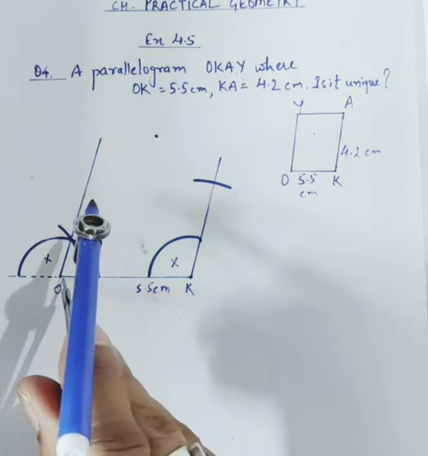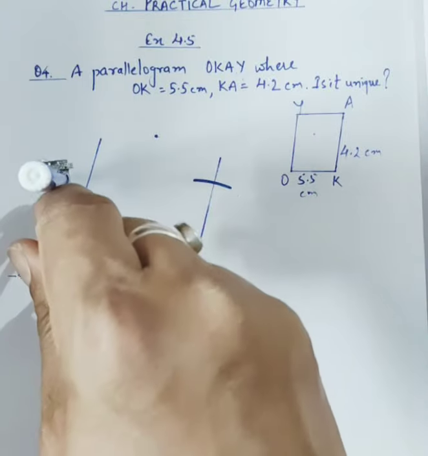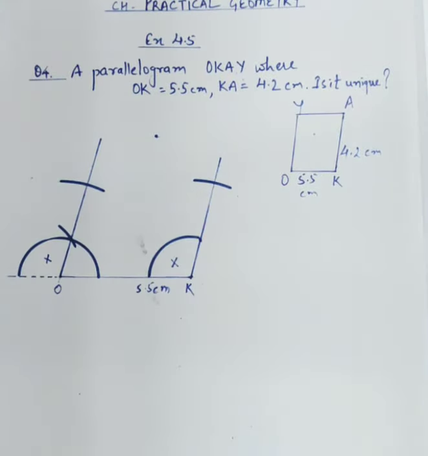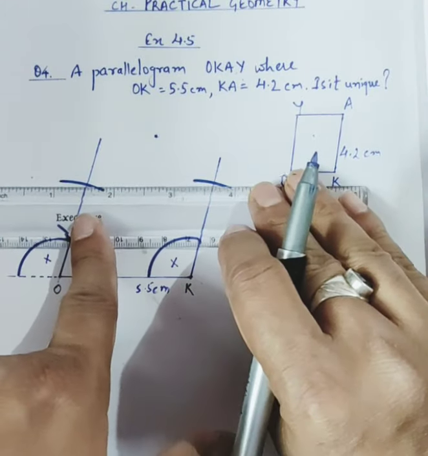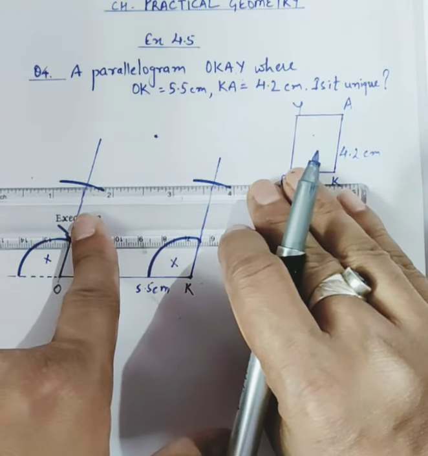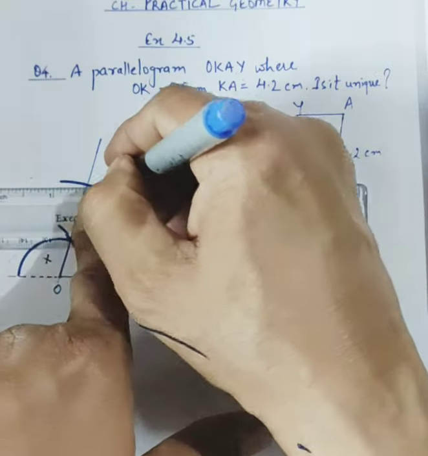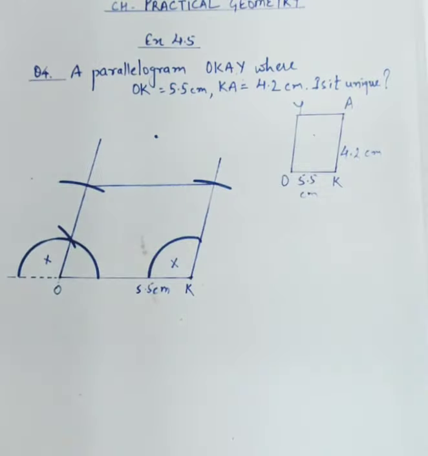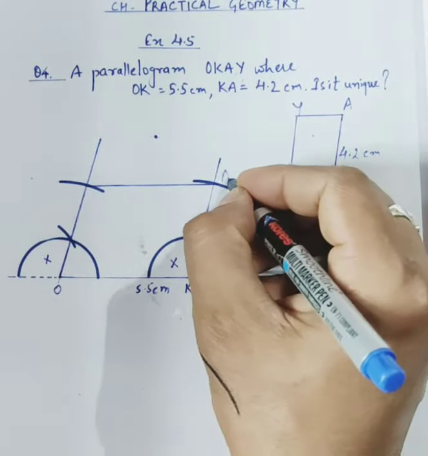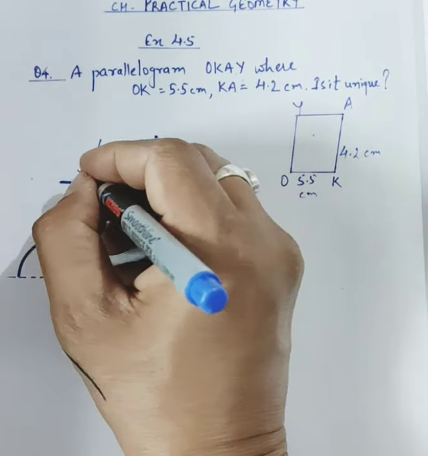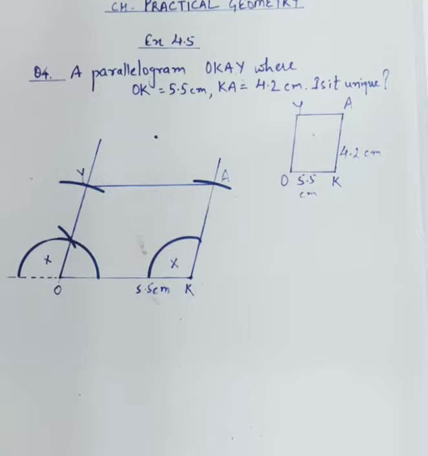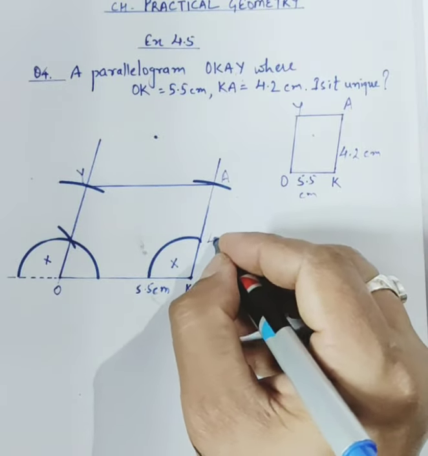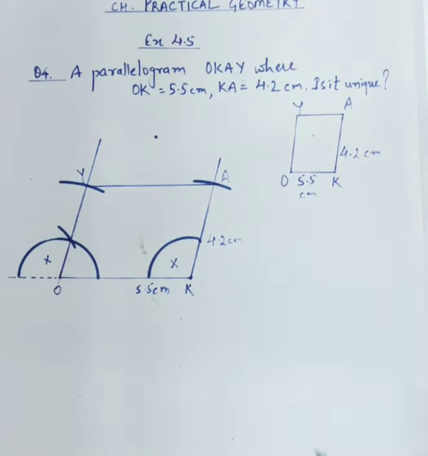So from O also we will cut an arc of 4.2 centimeter. Now let me join these two cuts. This point let me label at A and this as Y. So this is our required quadrilateral OK, where two adjacent sides are given.